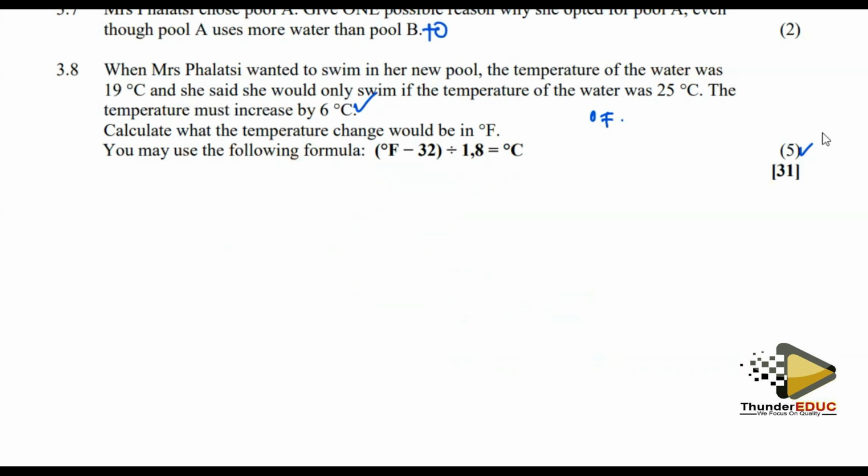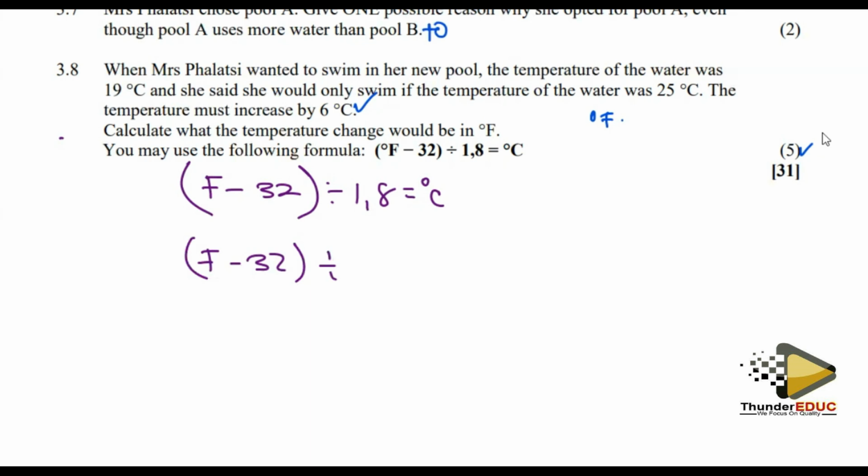Yes, the formula given to you, look at the formula. The formula says (F minus 32) in brackets divided by 1,8 should give me 2,6. So you already don't know the F, but divided by 1,8 equals 2,6. Because this is a division, we need to multiply the side. So we shall say F minus 32 will equal 6 times 1,8.